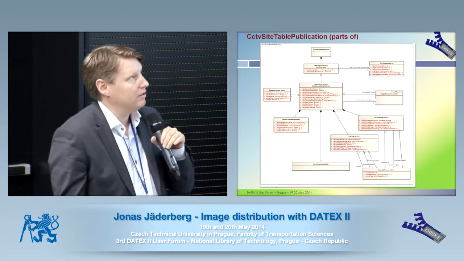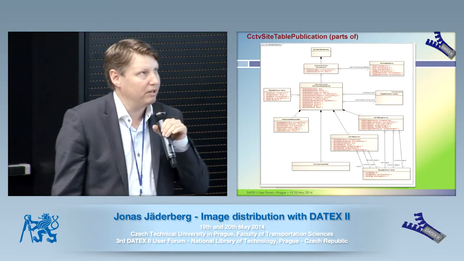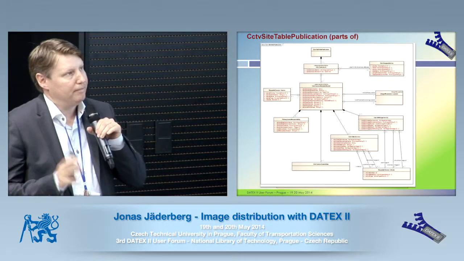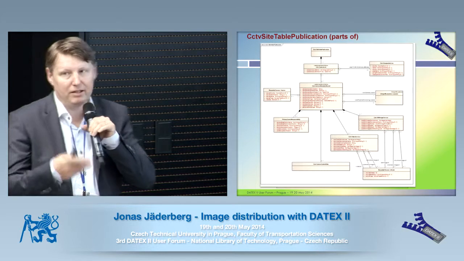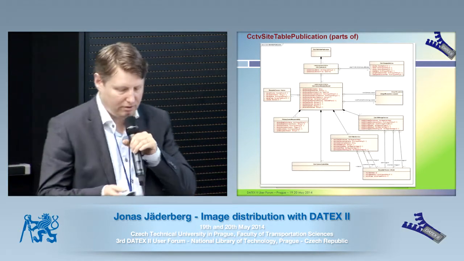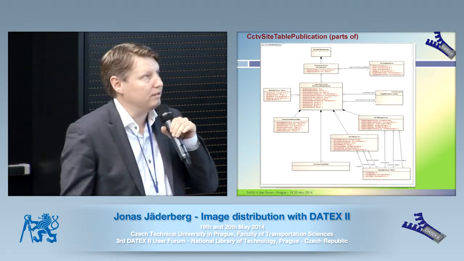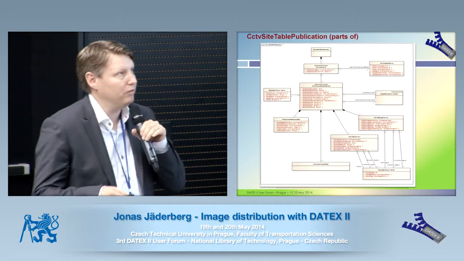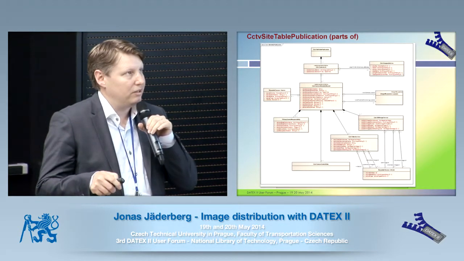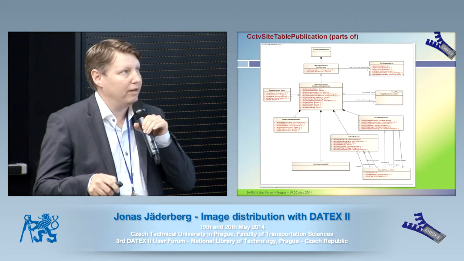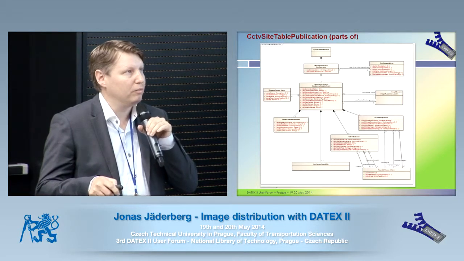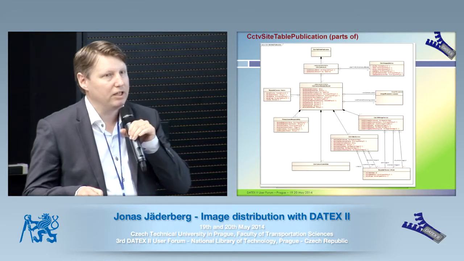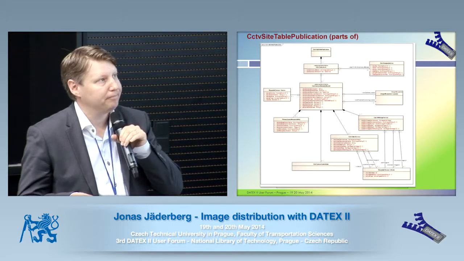This is the CCTV site table publication, which is metadata about the camera. I won't go into all the details about this, but I will just give you an overview. It's a list of cameras where you have a camera record, which could have a location of where this camera is.